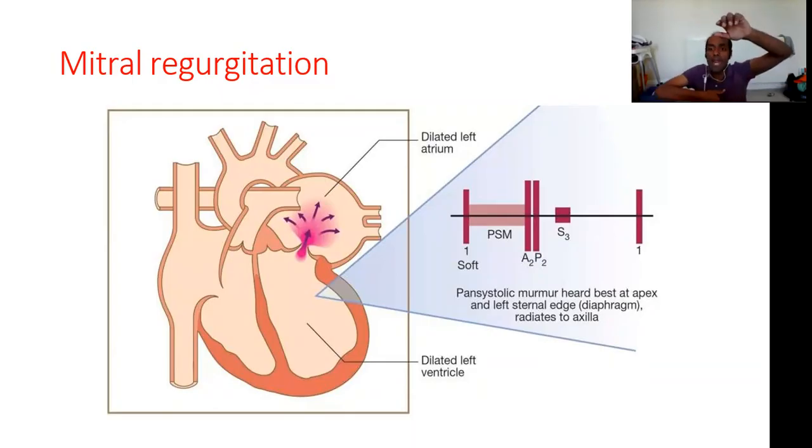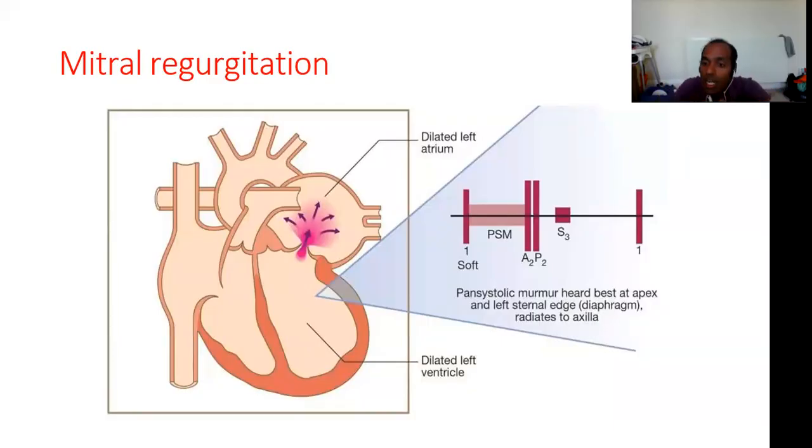It may radiate to the left lower sternal edge also, if the posterior leaflet of the mitral valve is involved. So write that down. That may be important when you come to a professorial exam. We will discuss that a little bit more in detail.